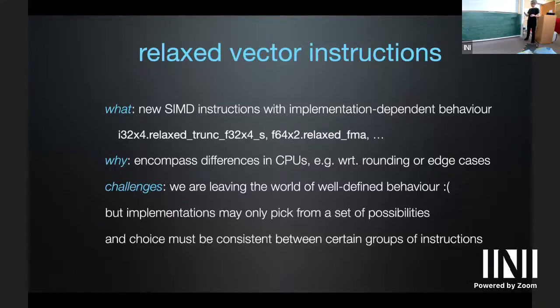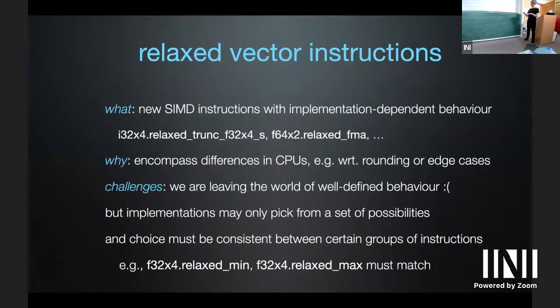They want certain choices to be consistent across multiple instructions, right? So an implementation can pick from a set of possible semantics, but they have to be consistent across instructions, which in the abstract, okay, makes sense, but it makes it even more horrible to specify because you now have sets of things in terms of the non-determinism, or arrays of sets of things, and you have to index them consistently or something.